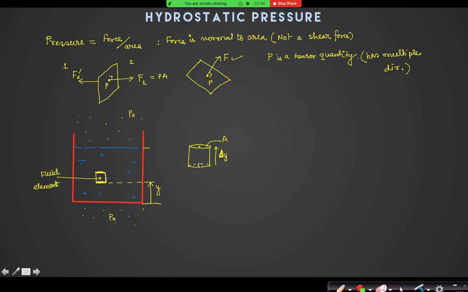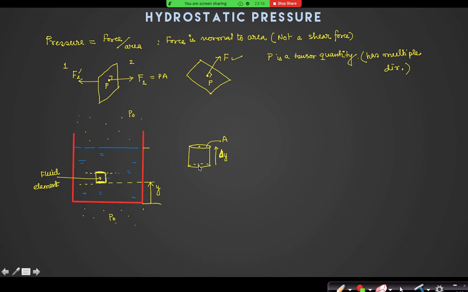Are the pressures the same at both the levels? No. At the same horizontal level, liquid pressure is the same. Here the vertical levels are different, so that has a height delta y.